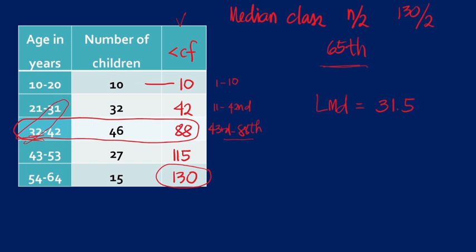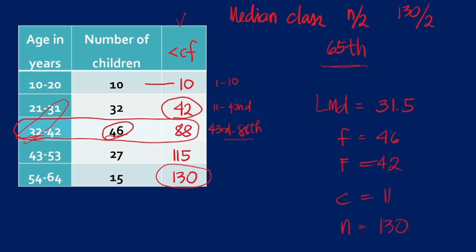Then the frequency of the median class is 46. And our capital letter F would be 42. This is the cumulative frequency lower than the median class. Now, of course, our C is 11 and our N is 130.